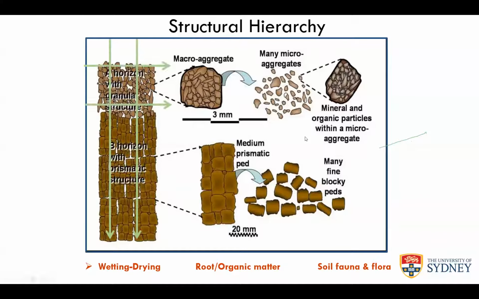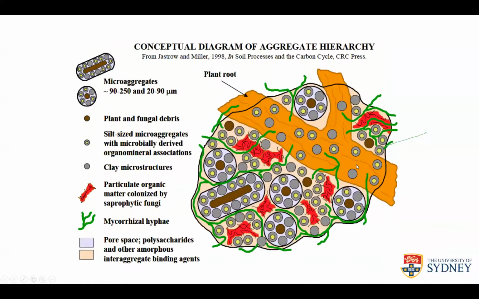Carbon is very important in the forming of aggregate. This is one model of the aggregate, a conceptual model of how it's realized. It says that this is one piece of aggregate, made up of different macro aggregates together.